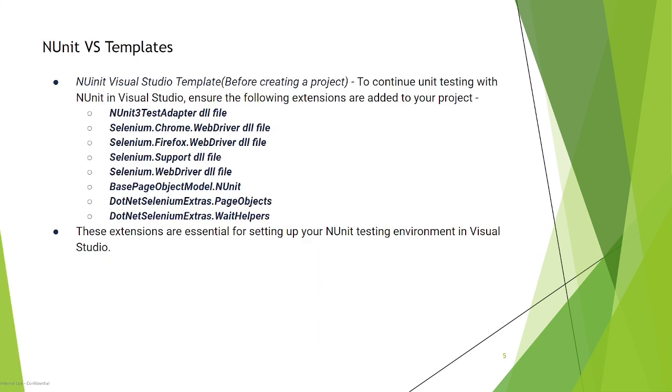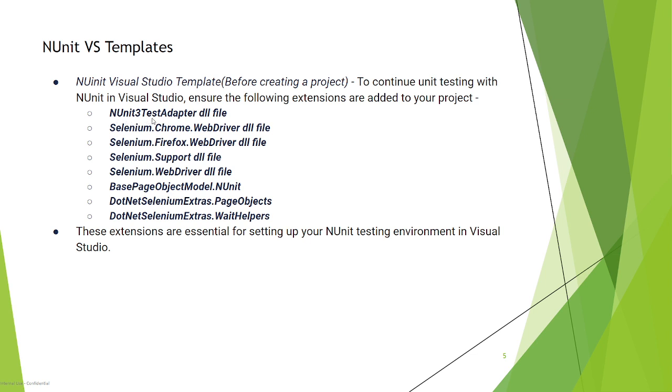Before we go into much detail, like framework structure, what is NUnit and why we need NUnit. Before you actually create a project, you might be looking for the NUnit Visual Studio template to continue unit testing with NUnit in Visual Studio, because you need these files or this extension added to your project to start your automation work.